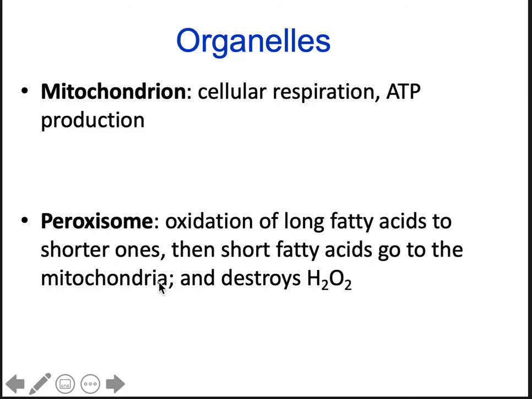But at the same time, peroxisomes can be used as a defense to oxidize bacteria and kill it. Also, we have the ability to, and I don't know why I put destroy, hydrogen peroxide. It's kind of a weird way to put it, but break it down into water and oxygen.